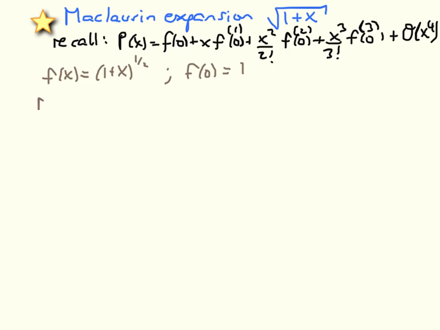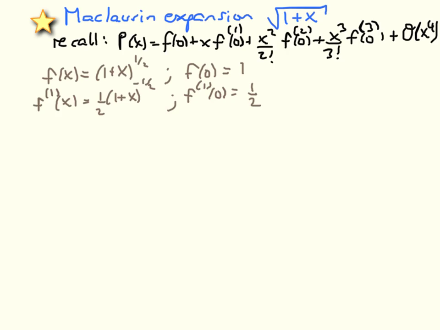The first derivative of the function as a function of x is a half times 1 plus x to the minus a half. So the first derivative evaluated at 0 is a half multiplied by 1 plus 0, which is just 1 to the minus a half, and 1 to any real power is 1.